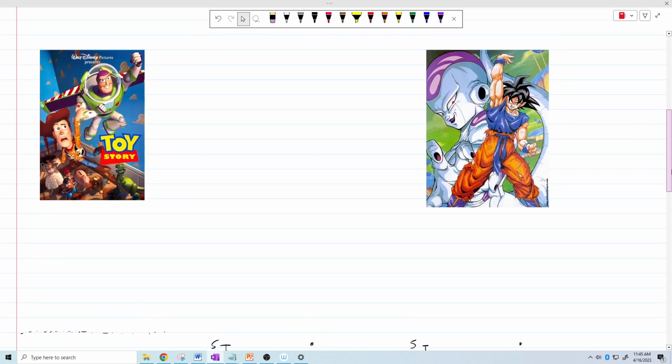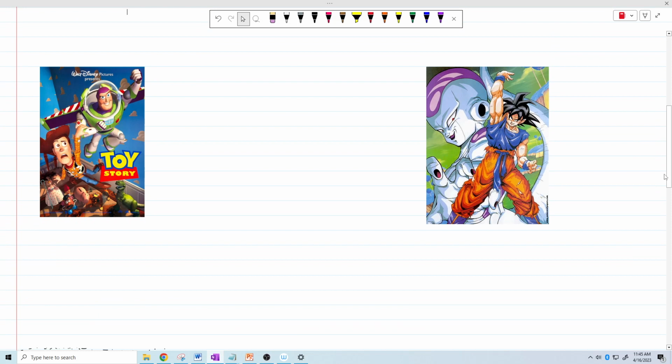So, I have a few stories that you may or may not be familiar with here. I've got Toy Story. Everybody knows the story of Toy Story by now, right, guys? We've got a few characters. We've got Woody, we've got Buzz. We've got so many different characters, a cast of characters, in fact.